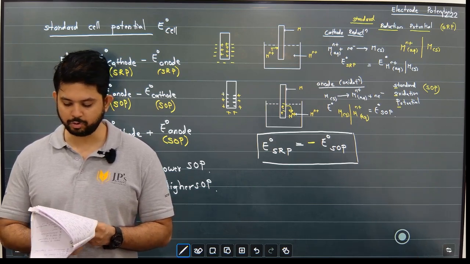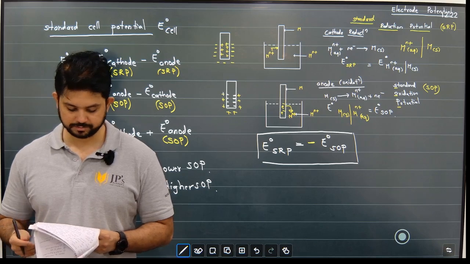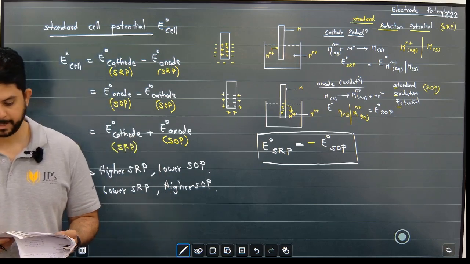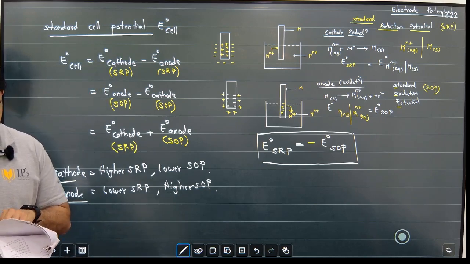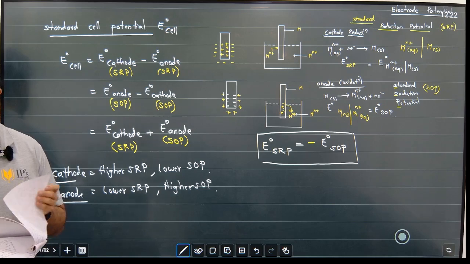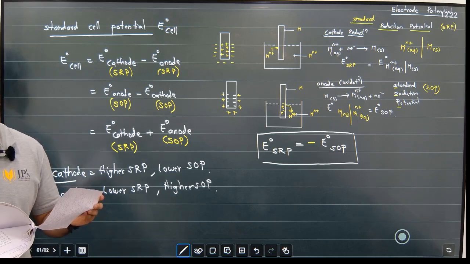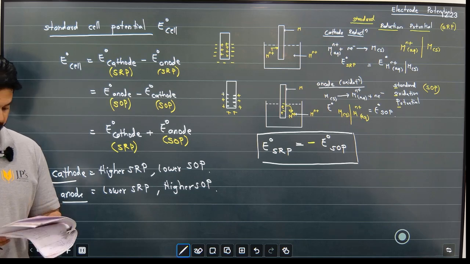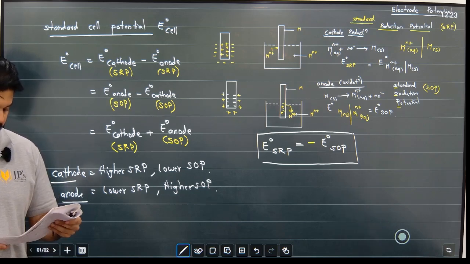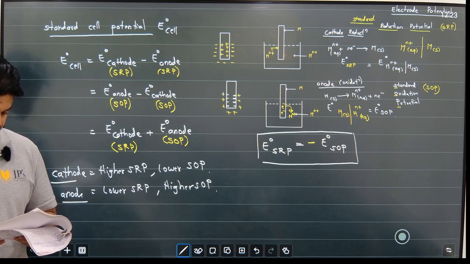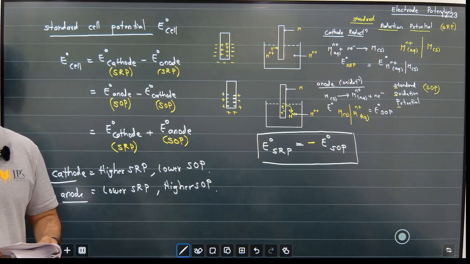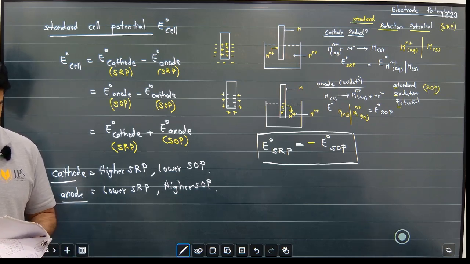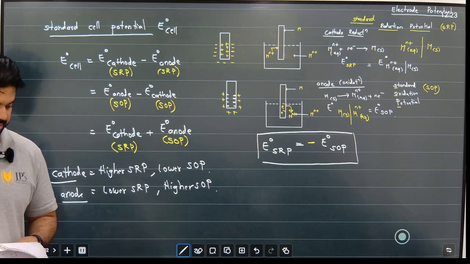Electrons flow from anode to cathode in external circuit due to pushing effect.